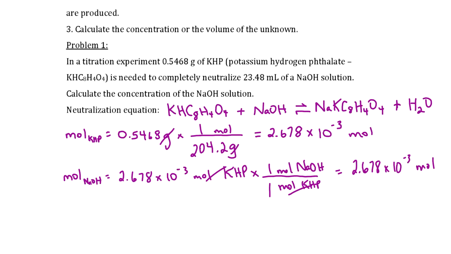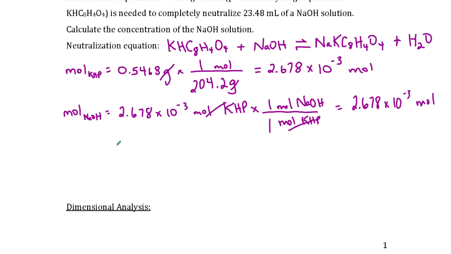the NaOH. Okay, now I have moles and I have volume, so I can answer the question, which is to calculate the concentration. I'm just going to remind myself that it's the concentration of NaOH by doing C equals n over V. Moles is 2.678 times 10 to the negative 3.